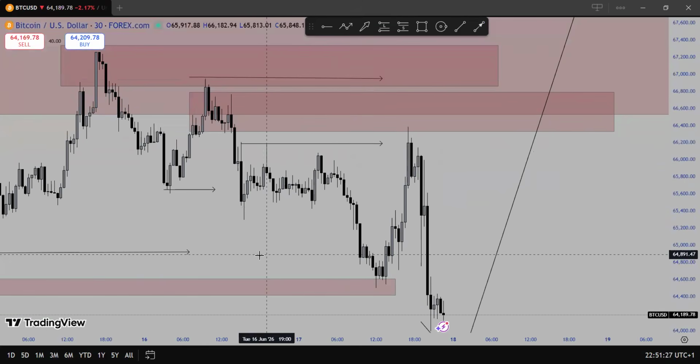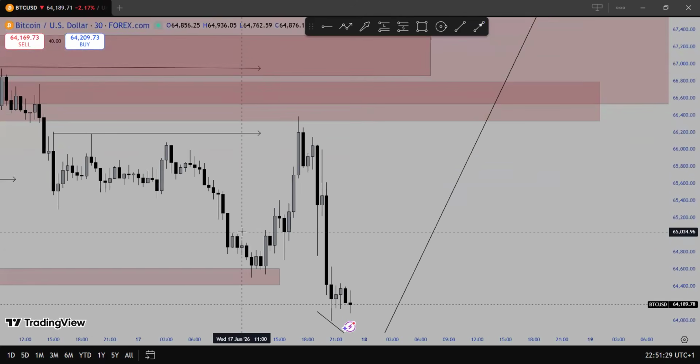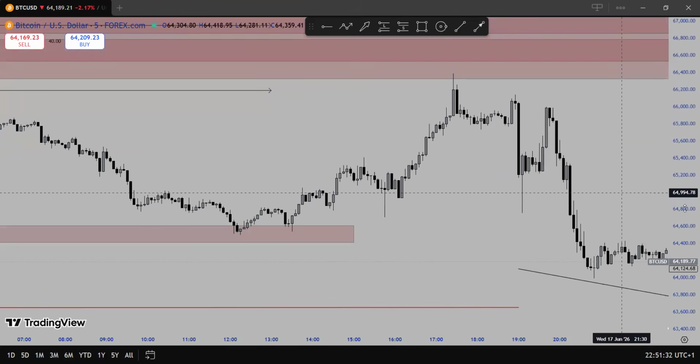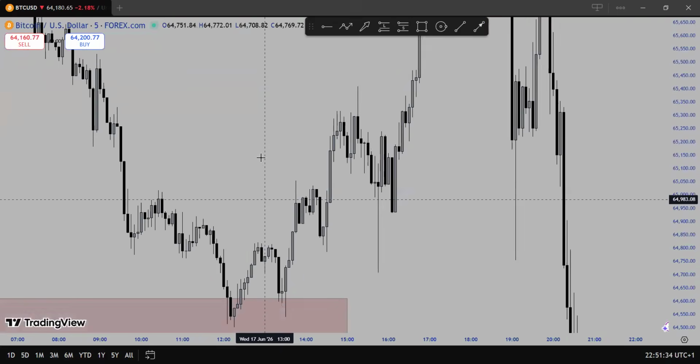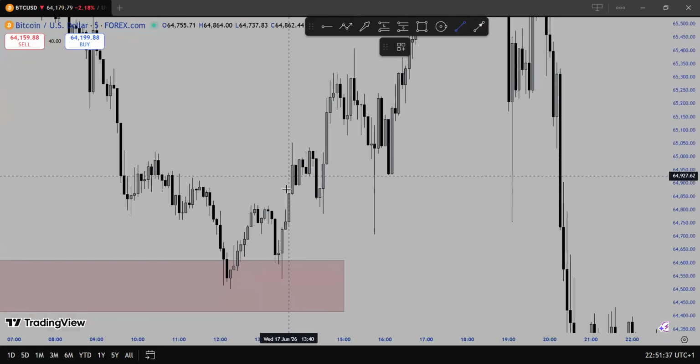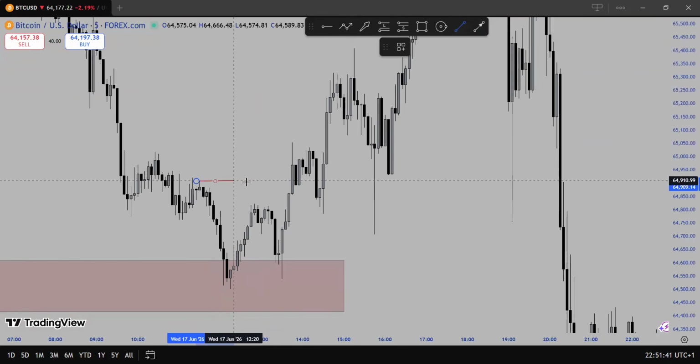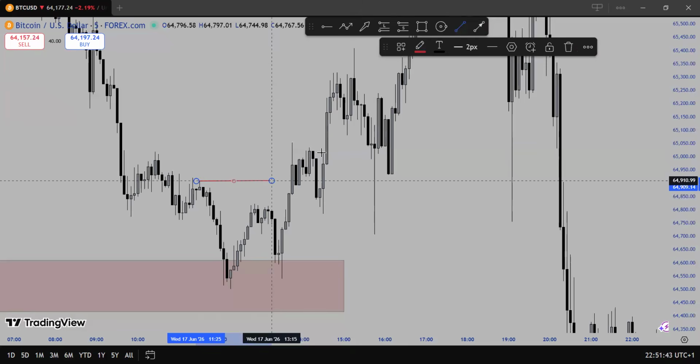I took two buys. The first one, I used the 5 minute entry at that zone. I see the market give me what? This break of structure to the upside. The market gave me this break of structure and then gave me liquidity.